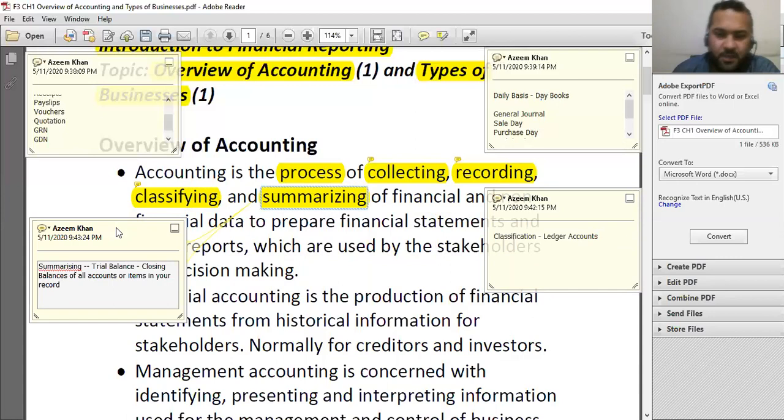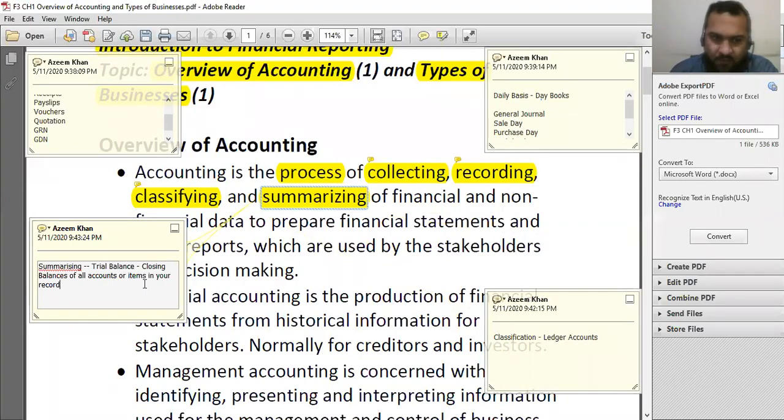Now the trial balance is providing a summary to you about your different items. But if you look, the trial balance is also not providing useful information to the user. Why? In a trial balance the information is not presented in a better way. It means the user cannot use the trial balance for their decision making. So what we are going to do is prepare the financial statements from the trial balance.